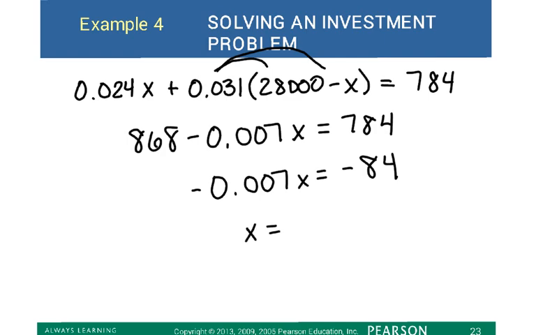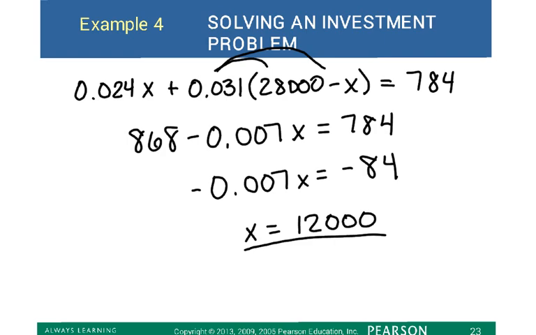And we have our value for x is 12,000. Okay, so the amount that was invested at the 2.4%, that was equal to our x. That's our principal amount. So here's one of our solutions.